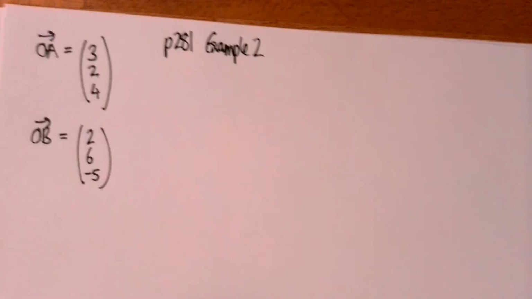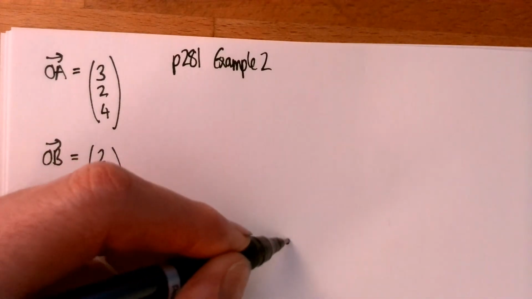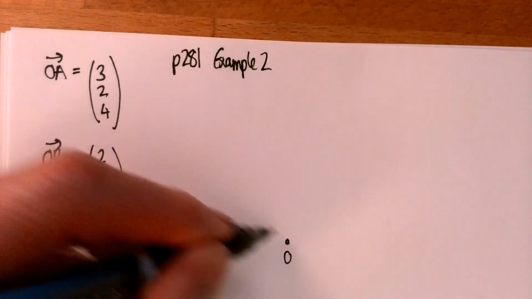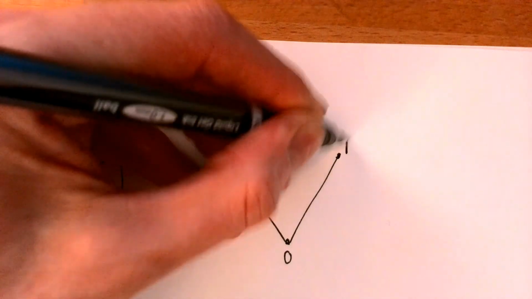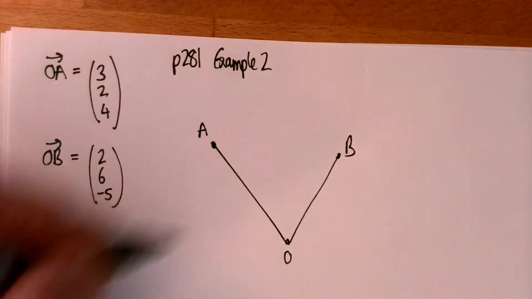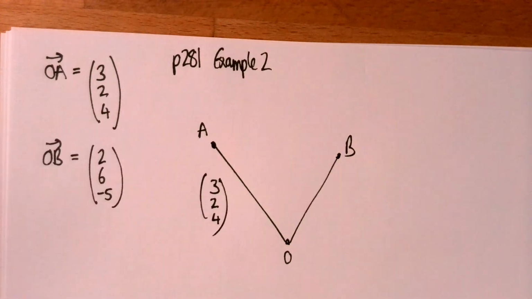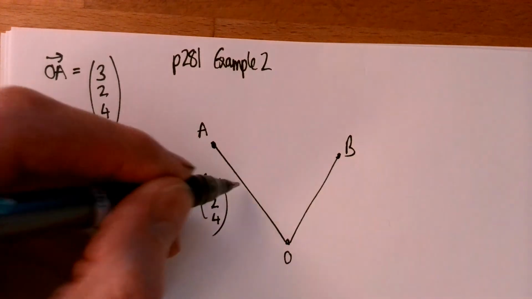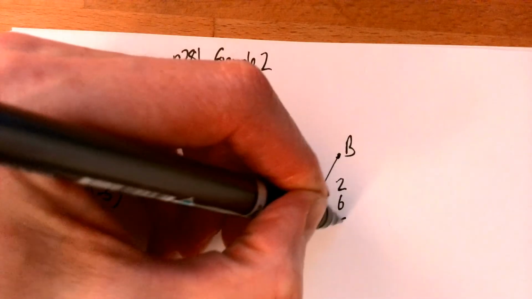Okay, so surprise, surprise, I've drawn the vectors in column form, and I'm going to draw a little picture. So there's the origin, there's point A, there's point B. No attempt to make them look vaguely realistic. That's 3, 2, 4, that journey, and that's 2, 6, minus 5.